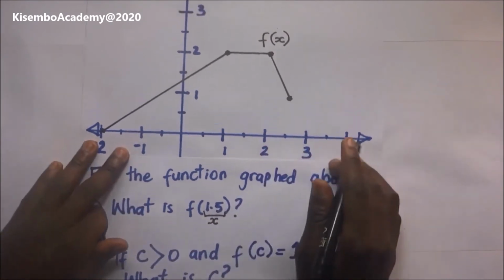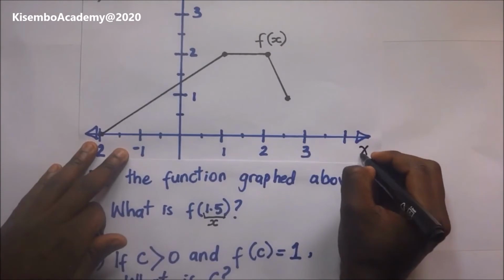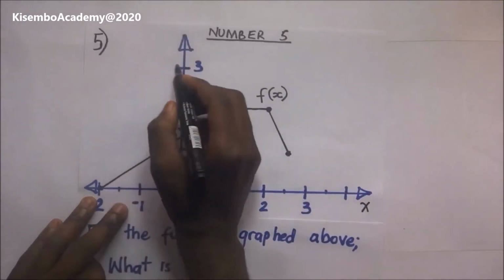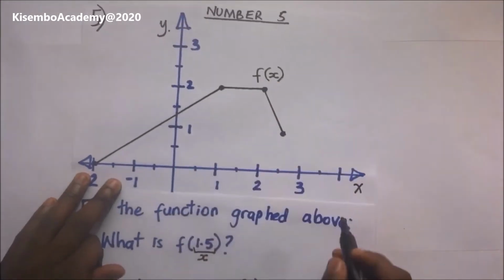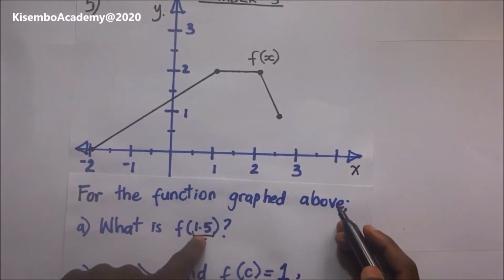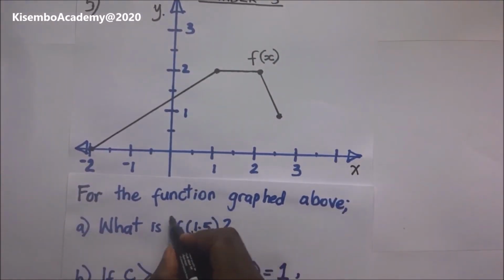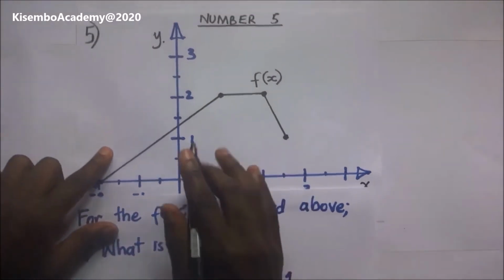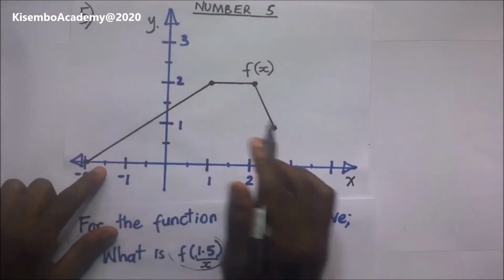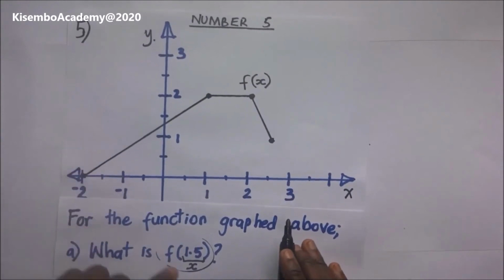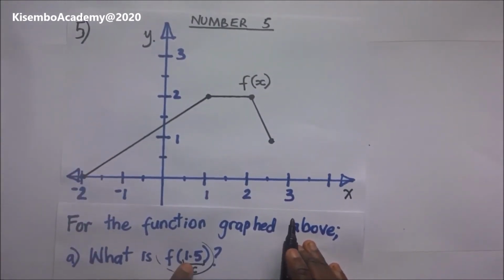Of course this is our x-axis, and this right here is our y-axis. So when they say f of x when x is 1.5, it's like they are saying what is the value of y when x is 1.5. So we come here and look for where 1.5 is.